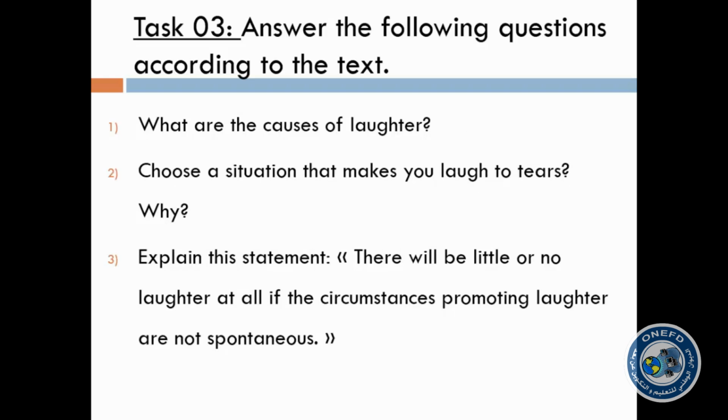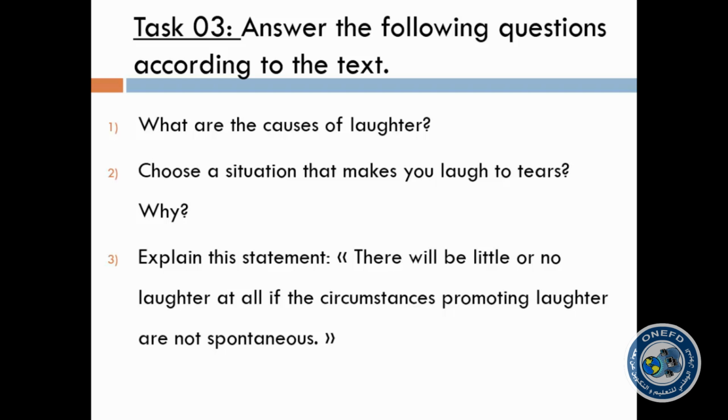So, task 3. Answer the following questions according to the text. So I repeat, you have these 3 questions, you answer them according to the text. First question, what are the causes of laughter? 2. Choose a situation that makes you laugh, and why. Of course, you choose a situation from the text and you tell us why you chose this situation.